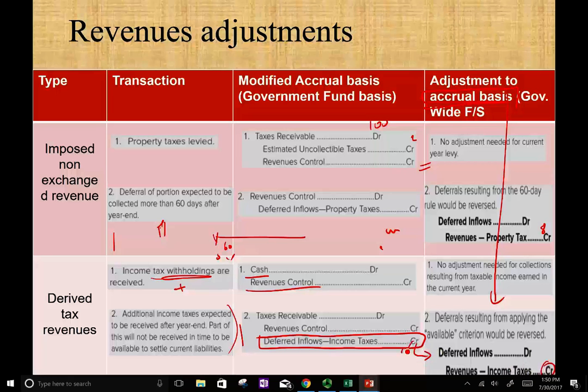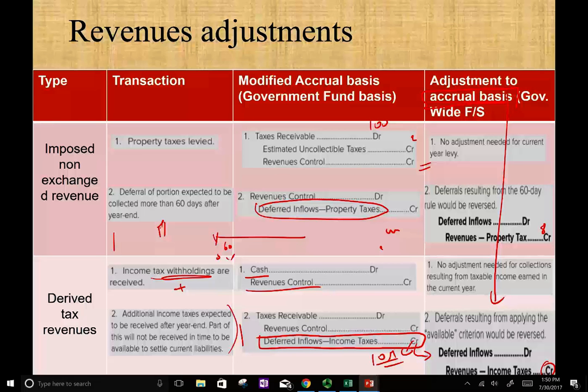Therefore, any number we have here, let's assume we deferred 10 million. Now, under accrual basis, we need to recognize it. So simply put, any deferred revenue will be recognized into revenue. Any deferred revenue we book this year needs to be reversed into revenue.